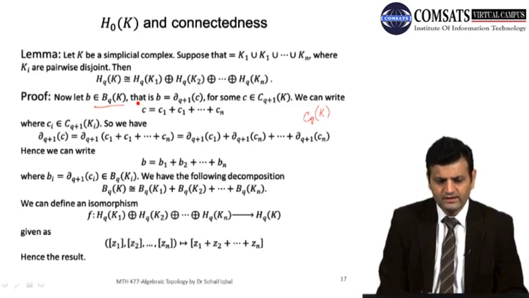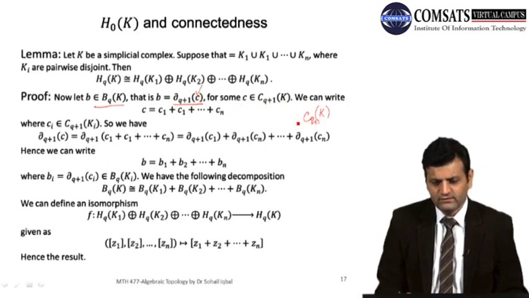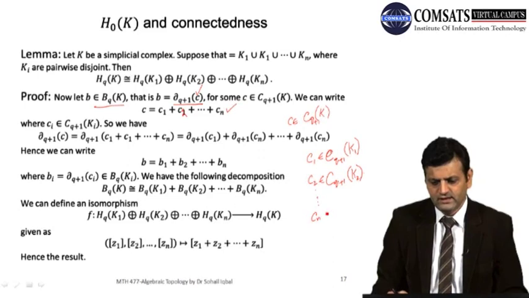So basically B is an image of some element C of CQ plus 1 K. Okay, so this element C, which is an element of CQ plus 1 K, can be decomposed in this way, where C1 belongs to CQ plus 1 K1, C2 belongs to CQ plus 1 K2, and so on, up to Cn, which belongs to CQ plus 1 Kn.